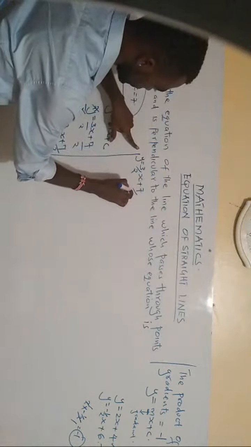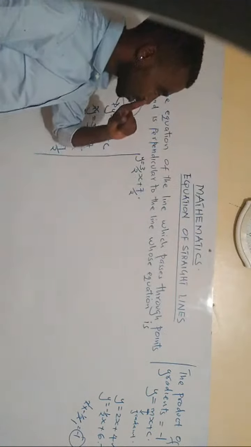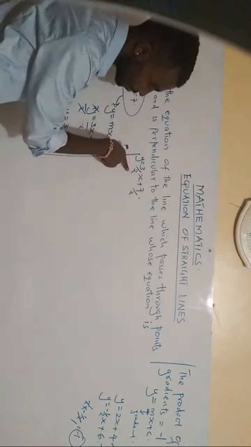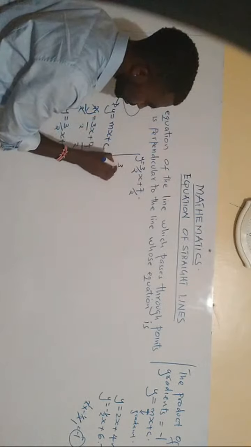So this equation in the form y = mx + c is y = 3/2 x + 7/2. Now, we need an equation which passes through the point (1, 3) and is perpendicular to this. The gradient of this equation is 3/2.